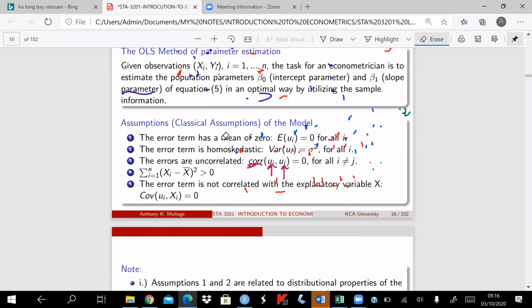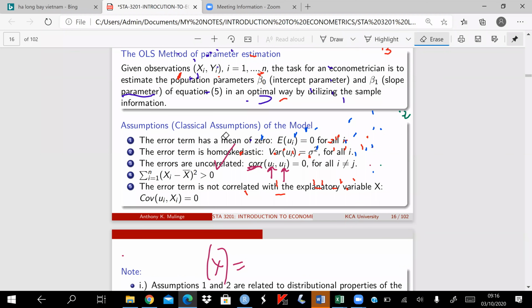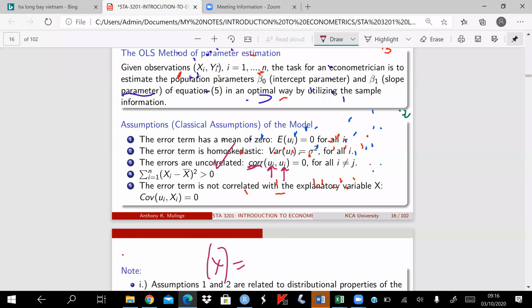Then for technical purposes, we are saying that if you take this deviation, x minus x bar, you square, then you sum, that should give you a positive value. Some of you may notice that if you want to define the variance of x, it is given by the summation of (x minus x bar) squared divided by n.